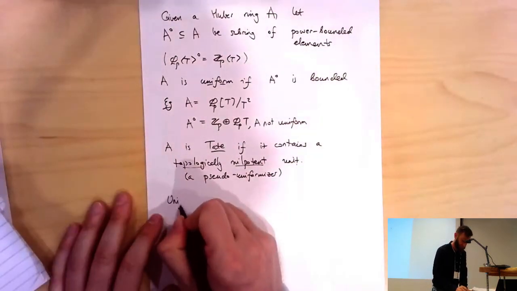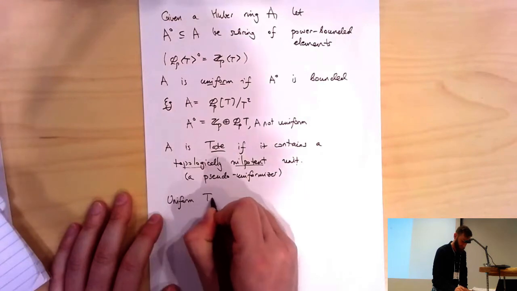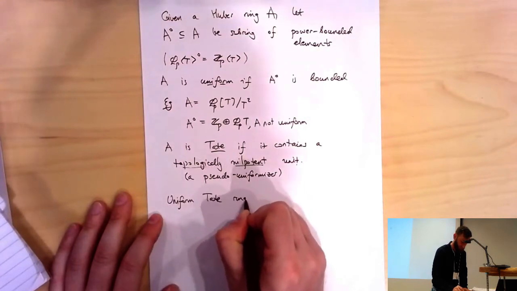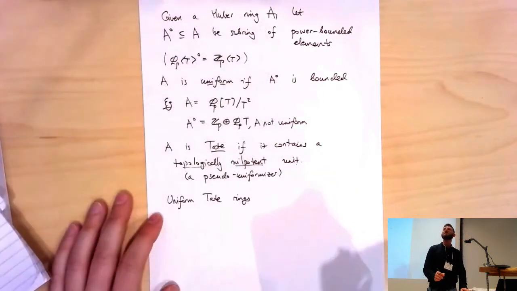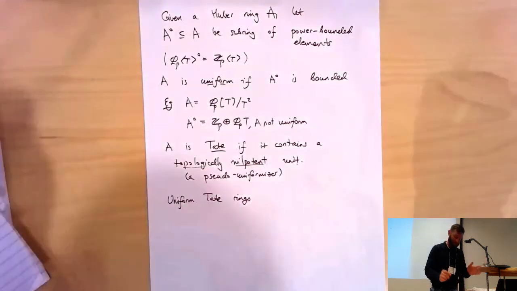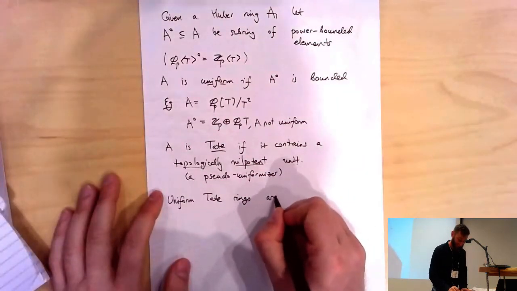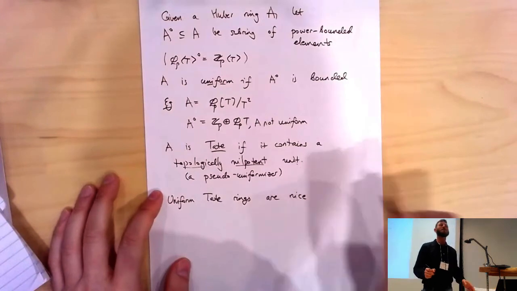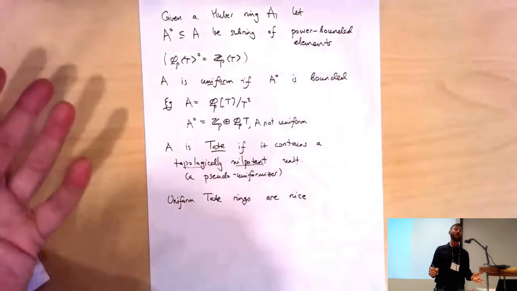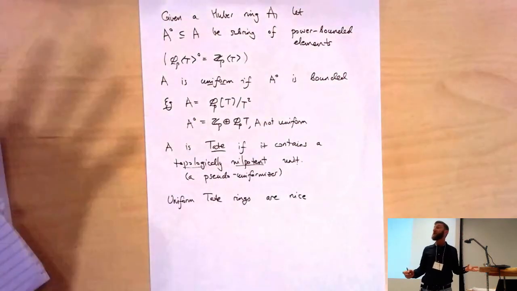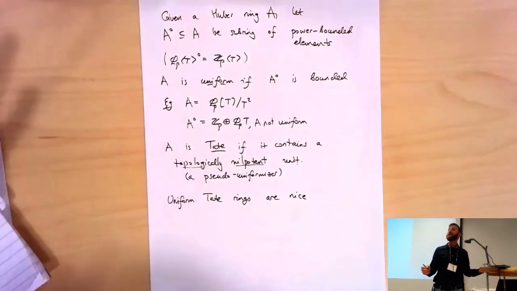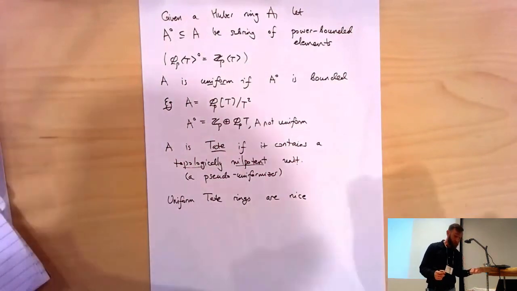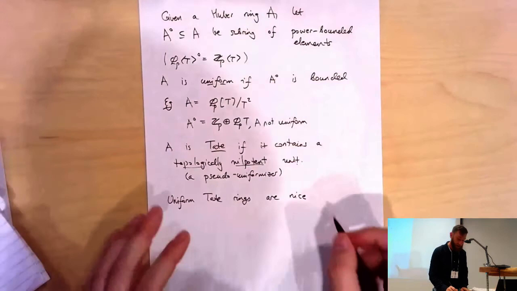Okay. Uniform, these two adjectives together are nice. Uniform Tate rings are nice. And I'll just, not to give away the game, say that perfectoid algebras, from which we will get perfectoid spaces, are all uniform Tate rings. Okay. So uniform Tate rings are nice. Why are they nice?